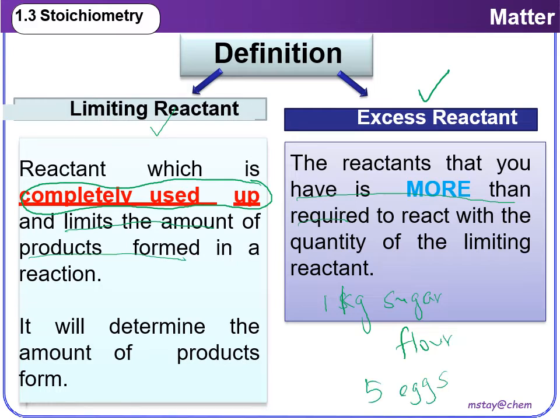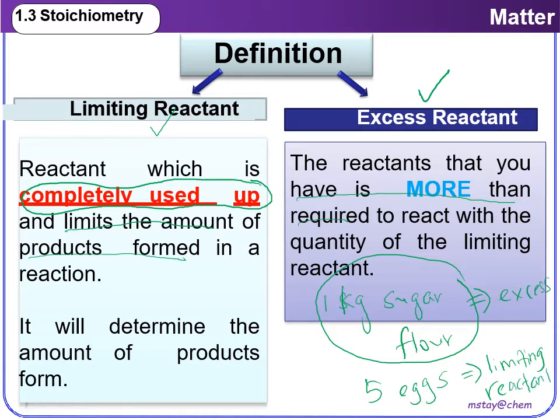You will know that sugar and flour will be in excess, while eggs will be the limiting reactant in this case. How many cupcakes you can make depends on the number of eggs that you have.